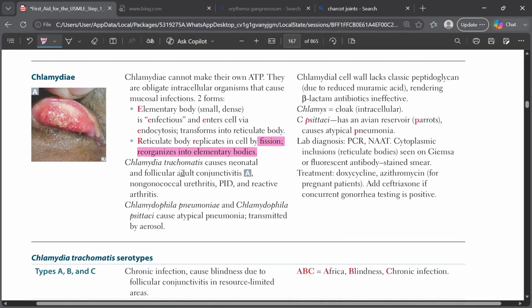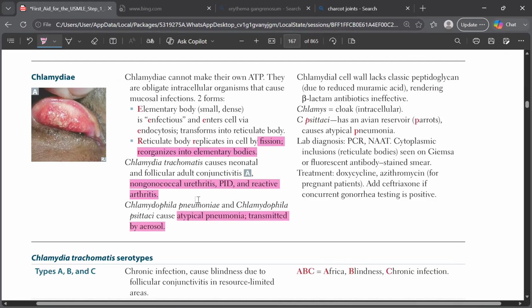Chlamydia trachomatis causes neonatal and follicular adult conjunctivitis. It also causes non-gonococcal urethritis and PID and reactive arthritis. Chlamydophila pneumoniae and Chlamydophila psittaci cause atypical pneumonia, which is transmitted by aerosol.